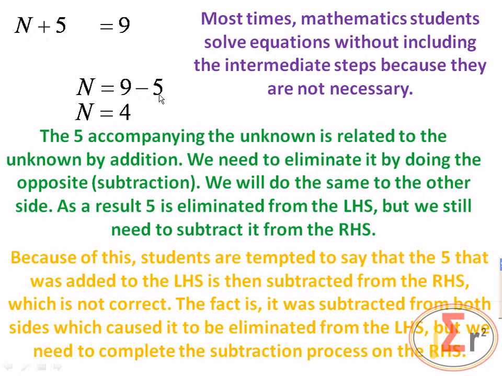So students say that the 5 that we have on the left-hand side is now subtracted from the right-hand side. That is not entirely correct. The fact is, it was subtracted from both sides. But when we subtract it from both sides, the 5 will be eliminated from the left-hand side, and we need to complete the subtraction process on the right-hand side.